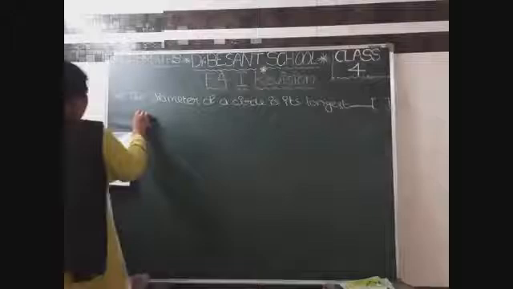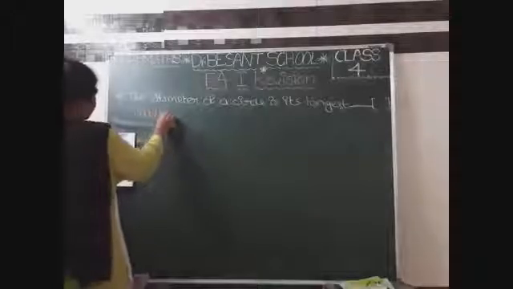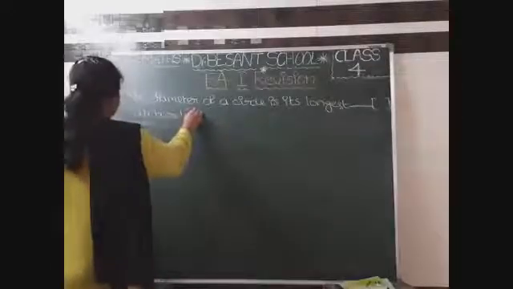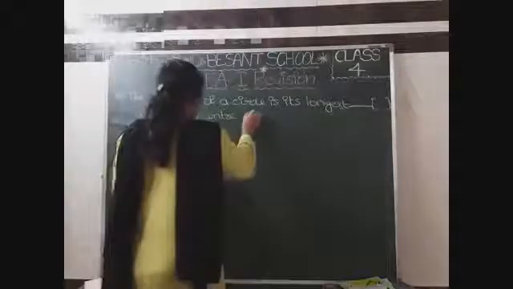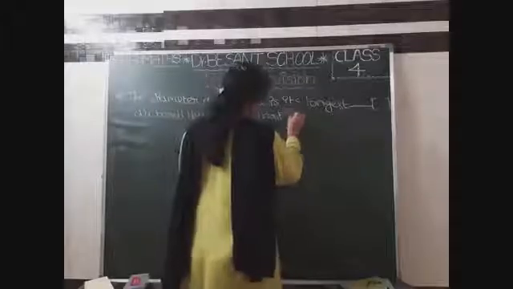That is the question. The options are: A, chord. Option B is center. Option C is radius. And option D is circumference.